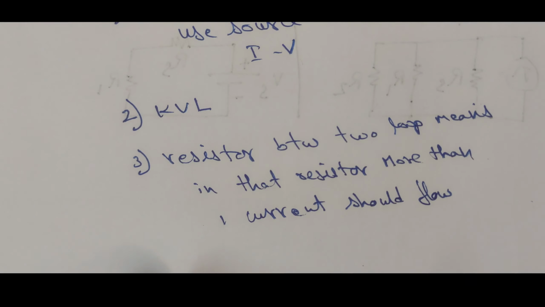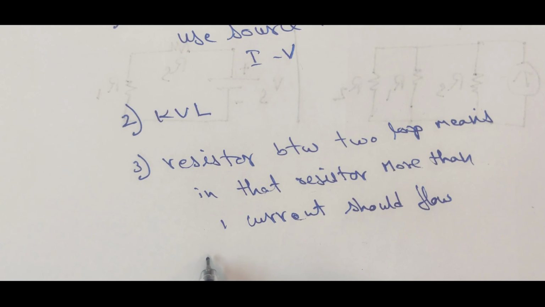I will tell you the actual meaning of this. When you apply mesh law in a complex circuit, if a resistance is present between the loops, more than one current flow must be there in it.